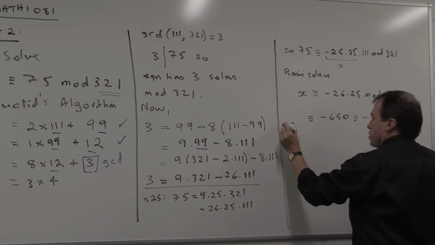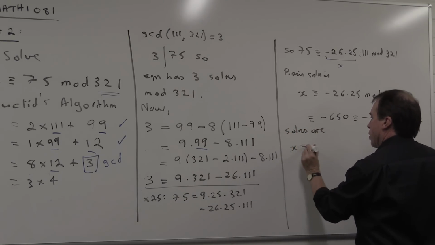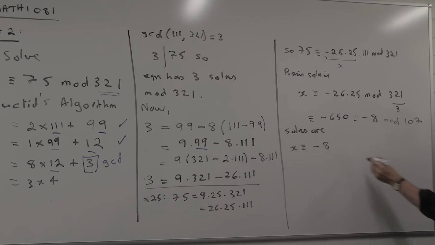So the 3 solutions are x is congruent to minus 8, which I can do something with in a moment. To get the other solutions, I want to give the final answer back mod 321, so I'm going to keep adding on 107.